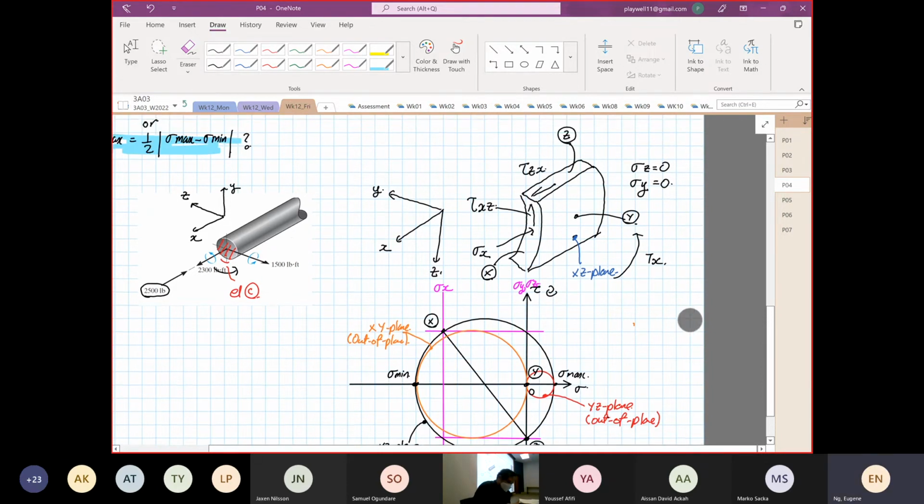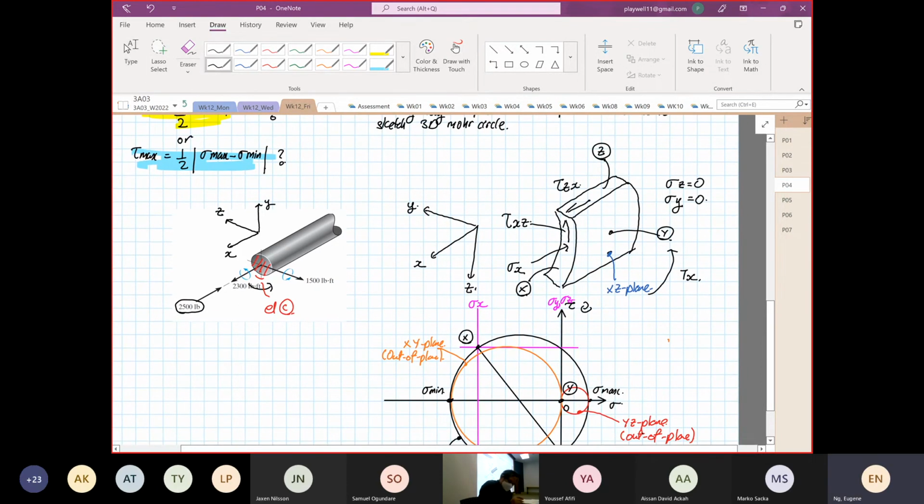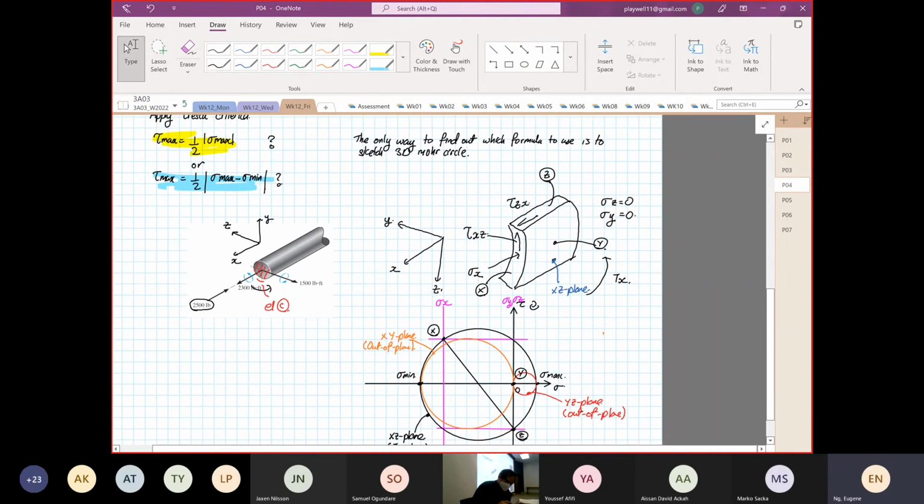So which formula you have to apply is you have to decide by looking at your 3D Mohr circle. You have to apply this value over here because stress max and stress min are either positive or negative.